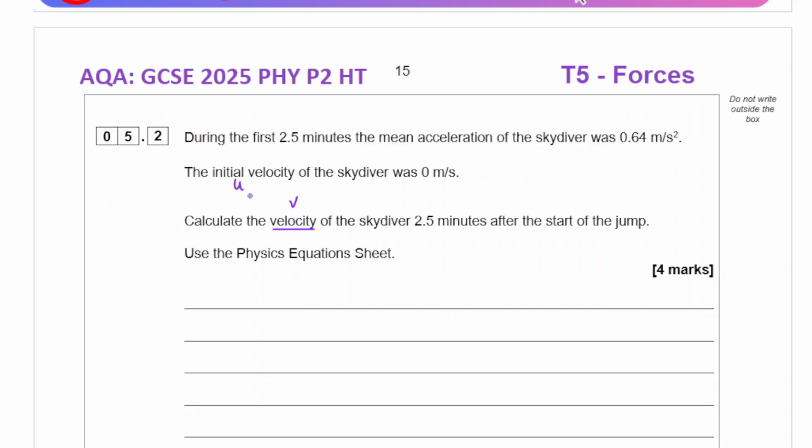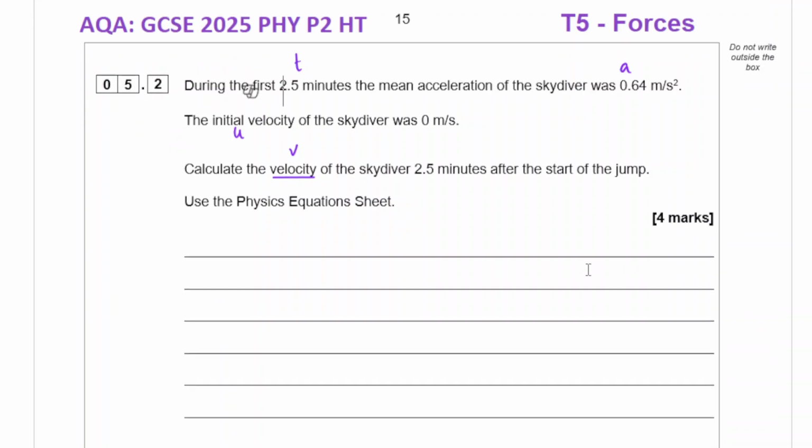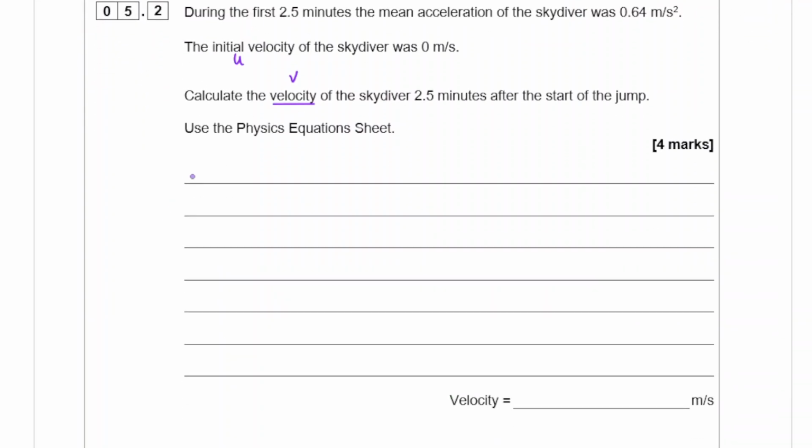Initial velocity u is 0. Acceleration is 0.64. We have the time in minutes, so let's first convert the time to seconds. 2.5 minutes multiplied by 60 would give me 150 seconds. That should give me a mark.